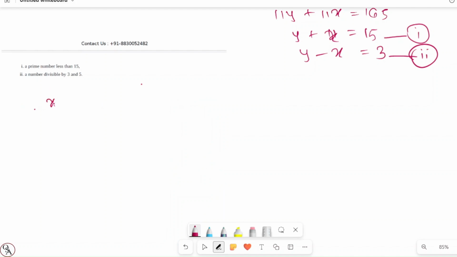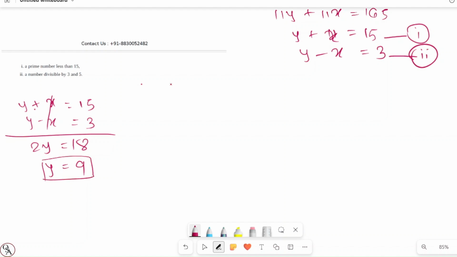See, y plus x is equal to 15 and y minus x is equal to 3. If I simply add them, I get 2y is equal to 18. So my y will become 9, since 2 9s are 18. If I put y is equal to 9 in either equation, I will get the value of x.